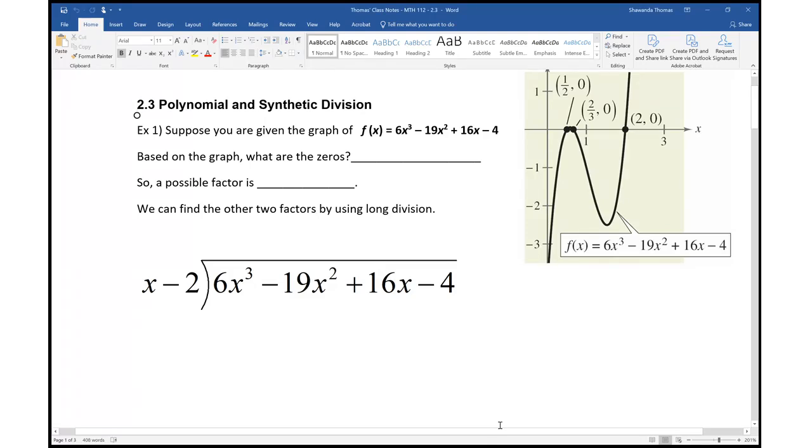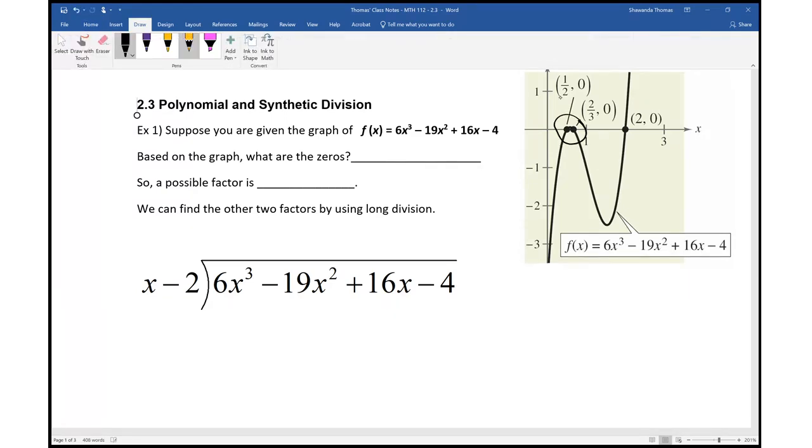Polynomial and synthetic division. Suppose you're given the graph of f of x equals 6x cubed minus 19x squared plus 16x minus 4. Based on the graph, what are the zeros? So the zeros are the x-intercepts. If you look at the graph, you can see that the graph crosses the x-axis at these points here and at this point here.